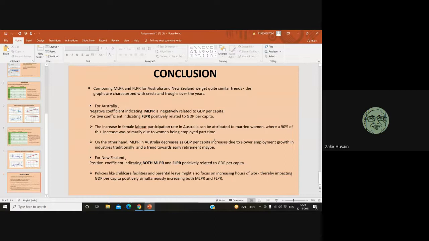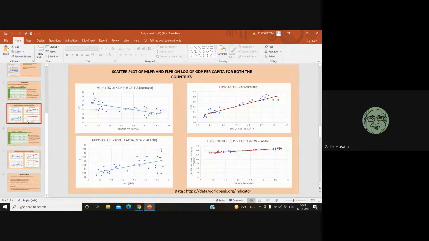Second is, if you go back to the slides, the scatter plots, please go to slide 6. See, have you run it against? If you look at the top panel, the slide title is MLPR.